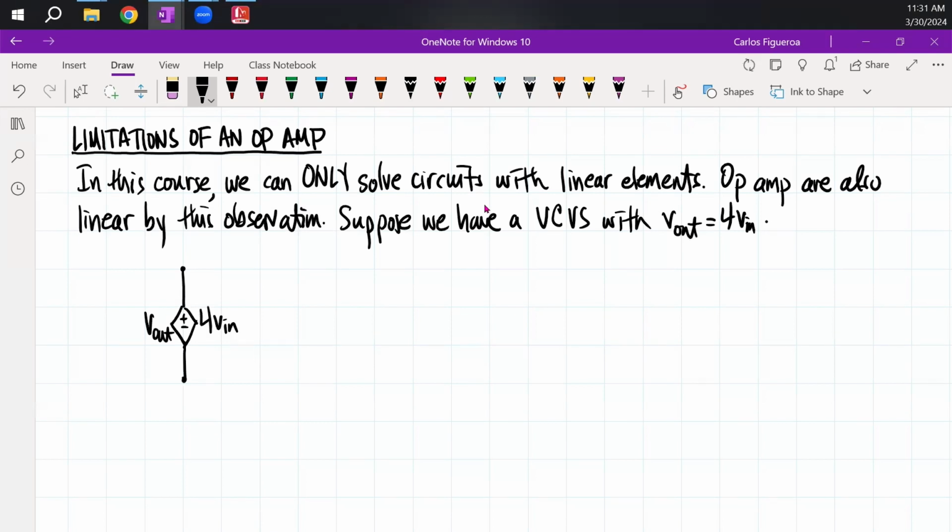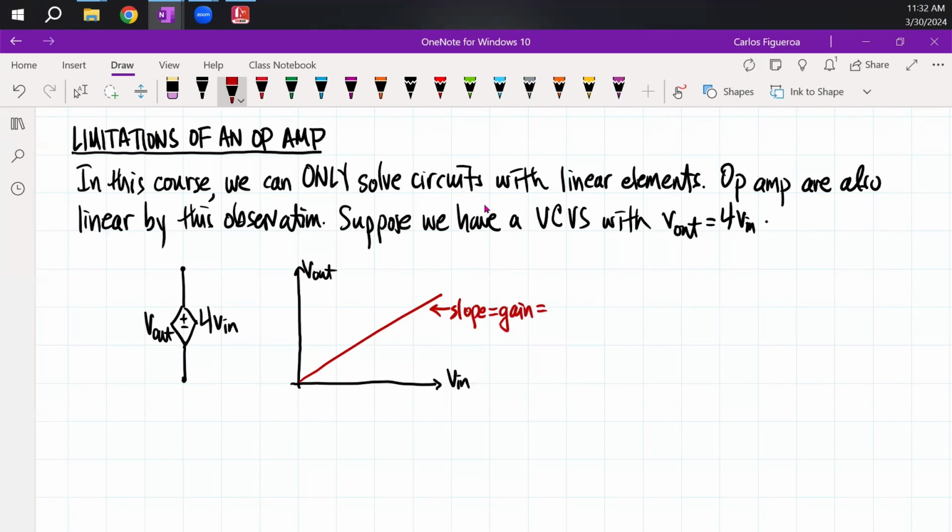So if I now plot this thing, what we're going to show here is that if I plot V out versus V in, I should have a linear line, and if I look at the slope, the slope in this case has to be the gain, and the gain in this case is going to be 4.